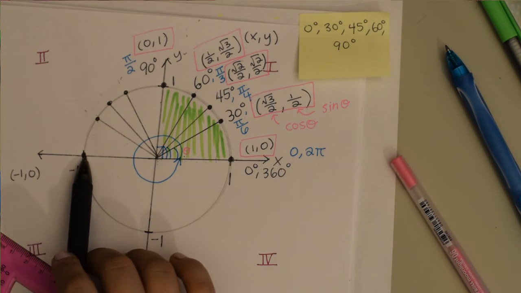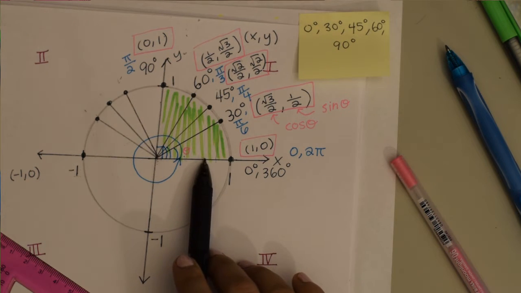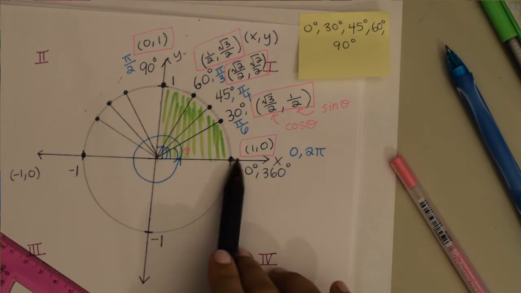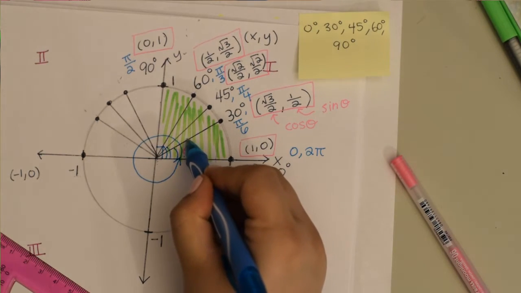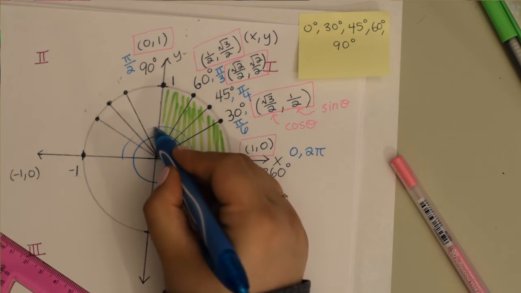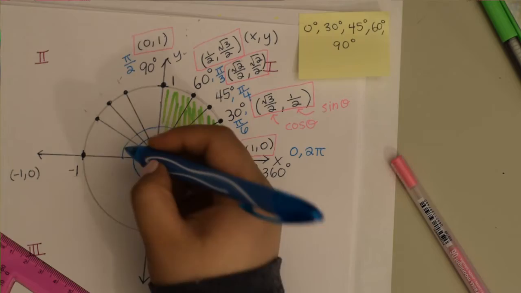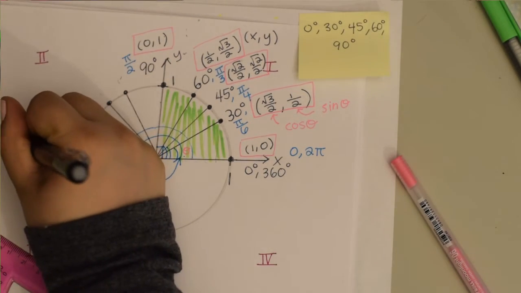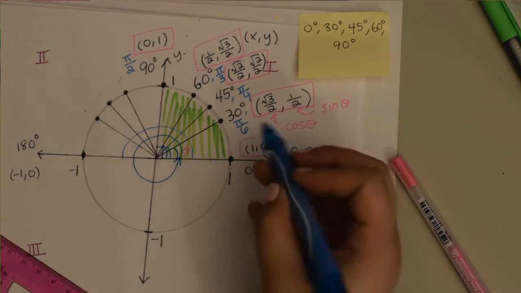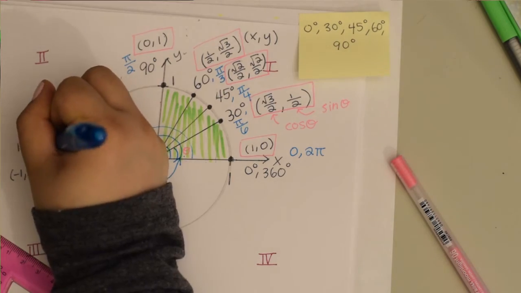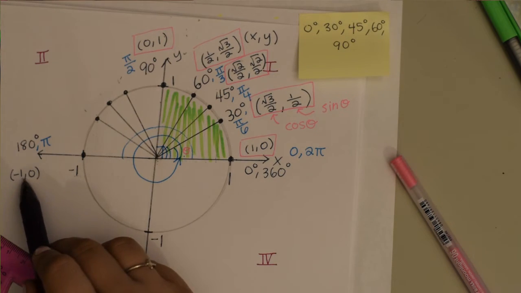But this angle is 180 degrees. Remember, we're always starting from the positive x-axis and moving our way around. So we're moving our way around here. That's the positive angle direction, okay? So the straight line, the full line, is 180 degrees. So this is 180 degrees, which is pi radians, okay? So that's pi radians. That's our coordinates for that.